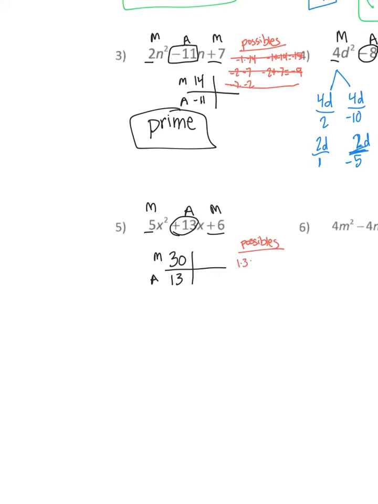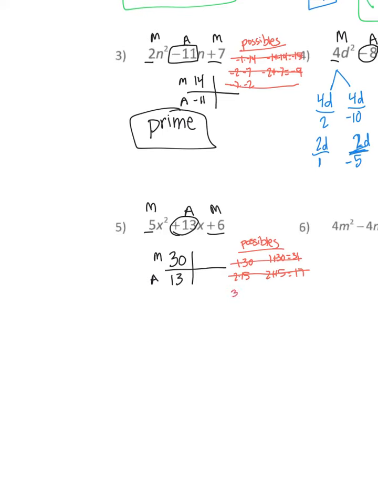One times 30 gives me 30, but 1 plus 30 gives me 31. So not the answer I'm looking for. Let's try 2 times 15. 2 plus 15 gives me 17. Still not what I'm looking for.